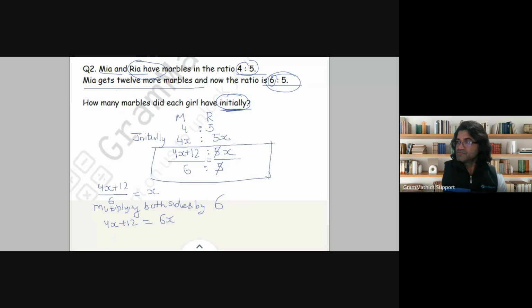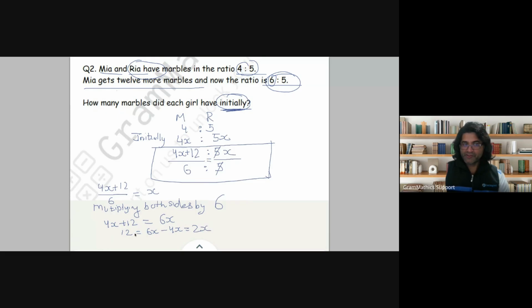Yeah? And just like we remove 4x from both sides because 6 is bigger here. So I want all x's on this side, constants on this side. So 12 remains here. 4x moves. When it moves to the other side, it becomes minus. And this is equal to 2x. So 6x minus 4x.